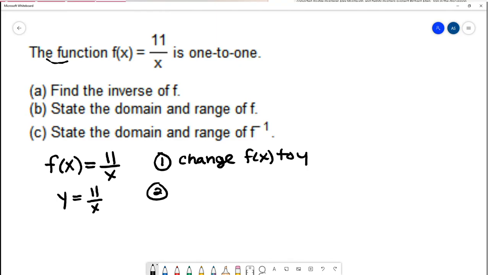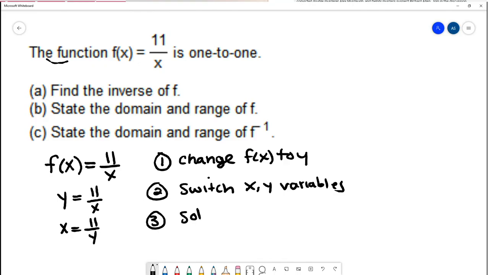The next thing that we're going to do is switch the x and y variables. So we'll write the equation x equals 11 over y. And then finally we're going to solve for y.